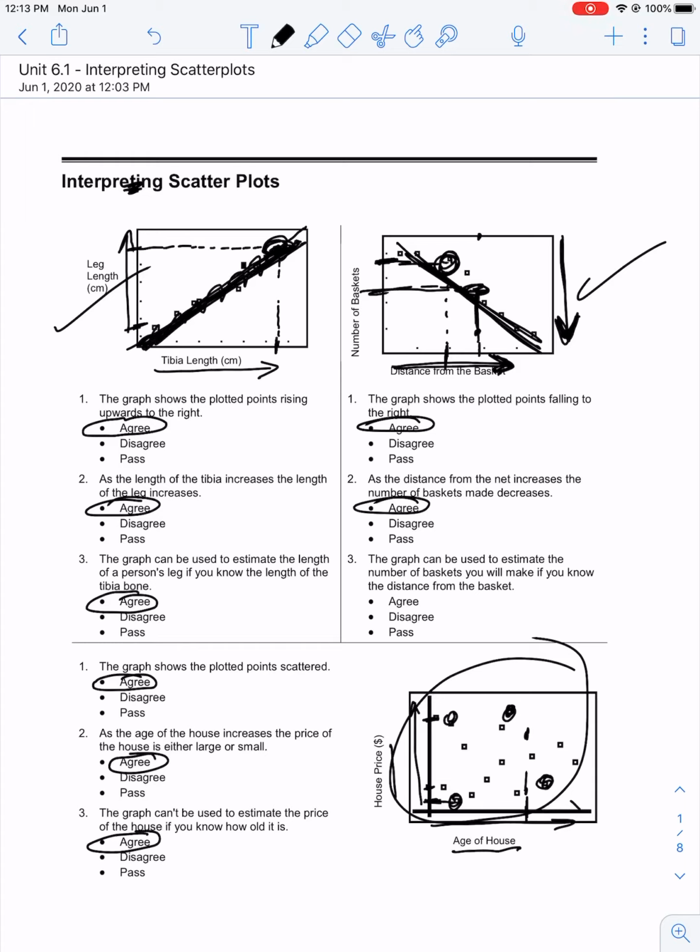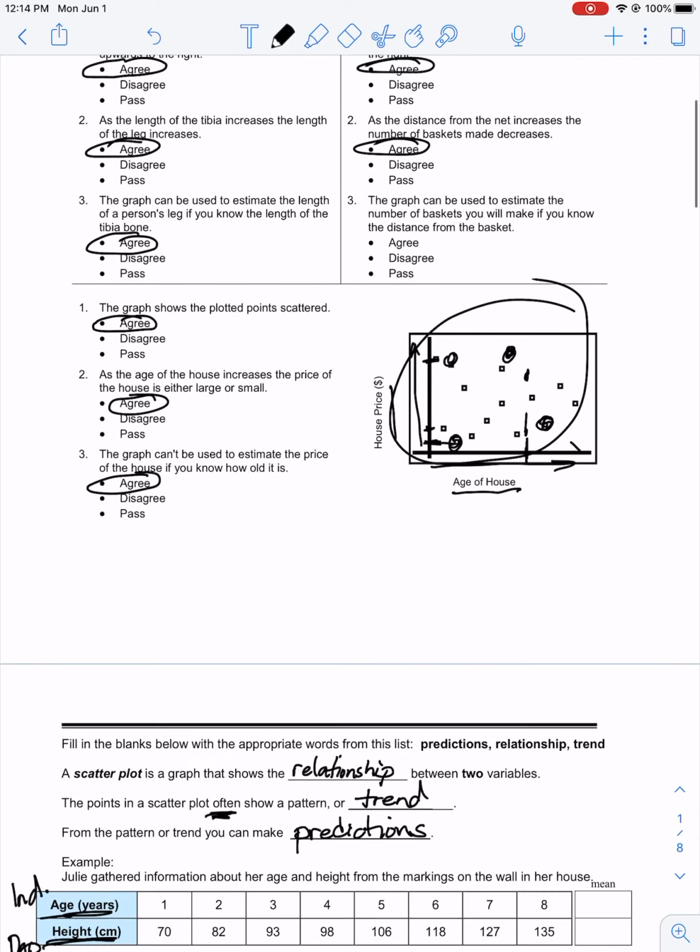I just drew a line going up through the data, and a line coming down through the data on the number of baskets, because in real life, many things are not perfectly linear. However, they show a bit of a linear trend. So even though points aren't on a perfectly straight line, there's still a linear trend as long as they're following a kind of straight line.